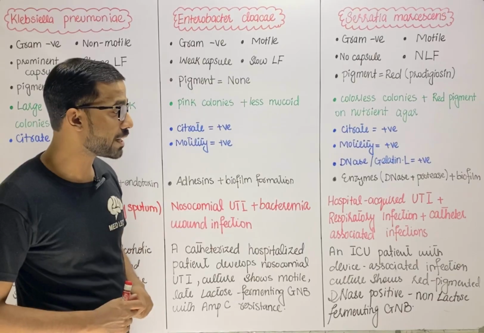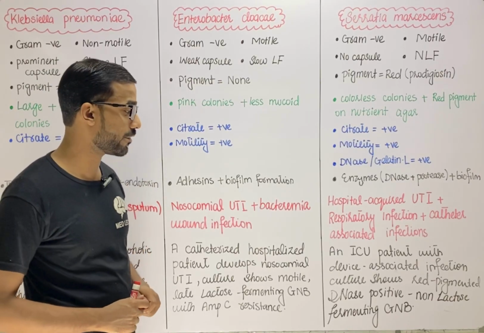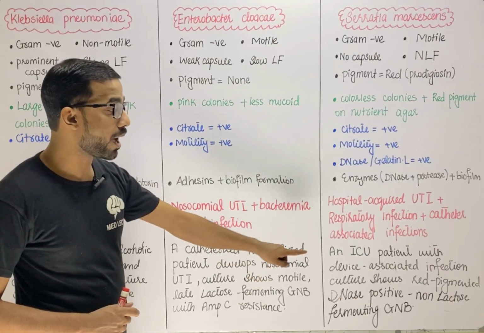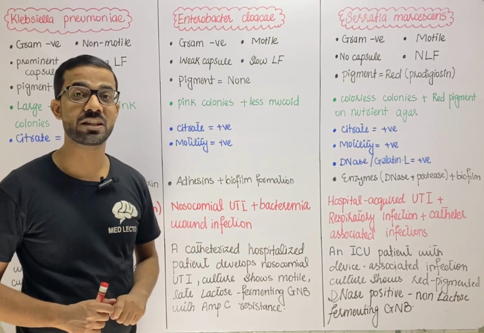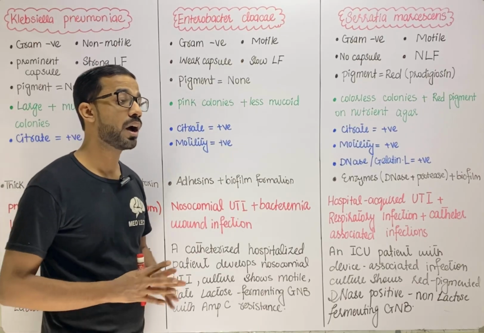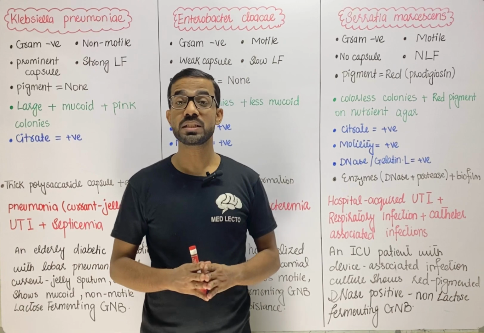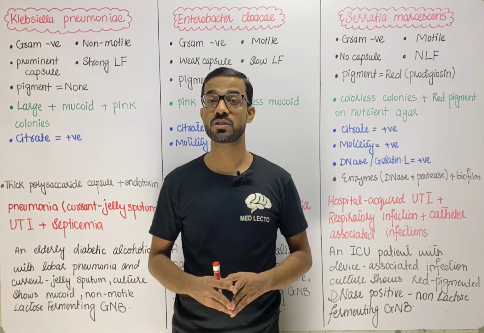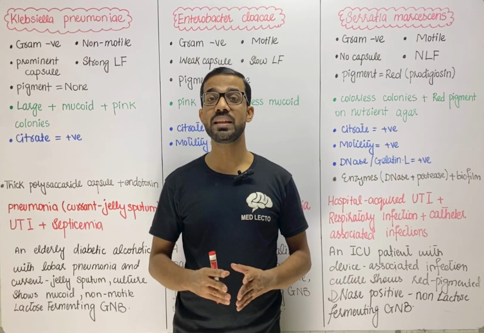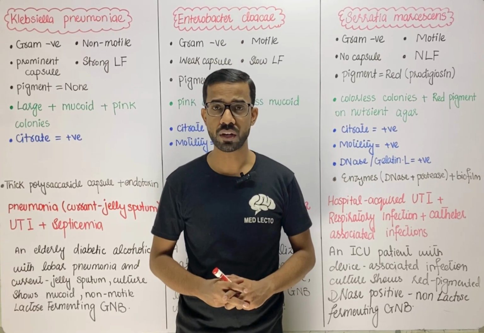Culture shows red pigmented, because it produces a red pigment, as we have already seen. DNase is positive and non-lactose fermenting gram-negative bacillus, because it will not ferment any lactose present in the MacConkey agar. So this is how we differentiate bacteria on the basis of their properties, the clinical manifestation and a little bit of history of the patient.